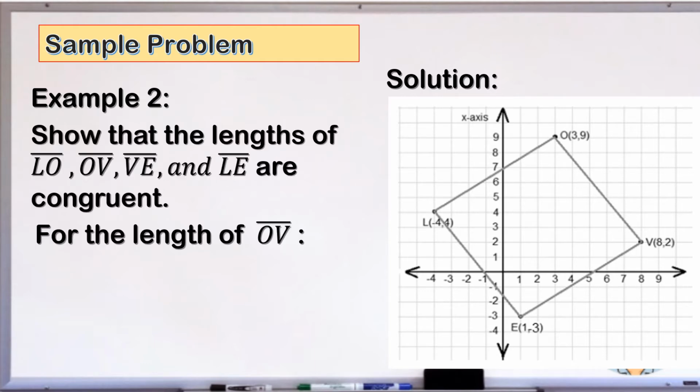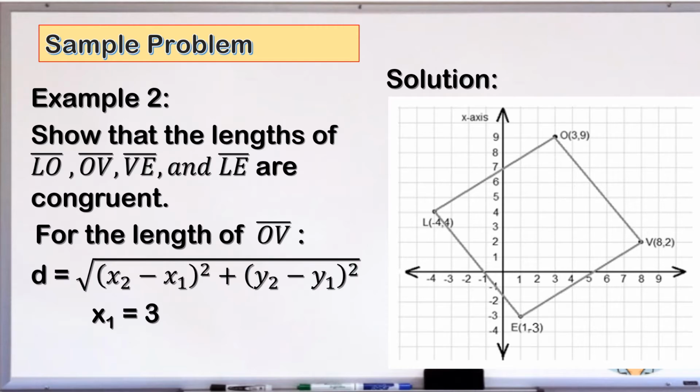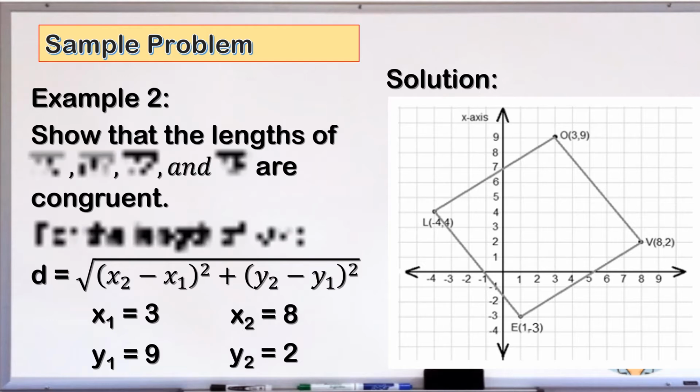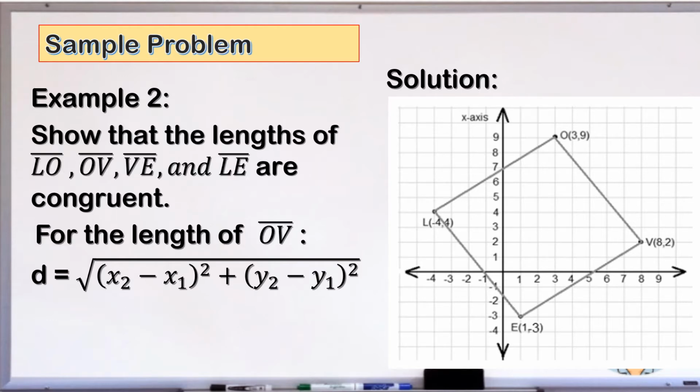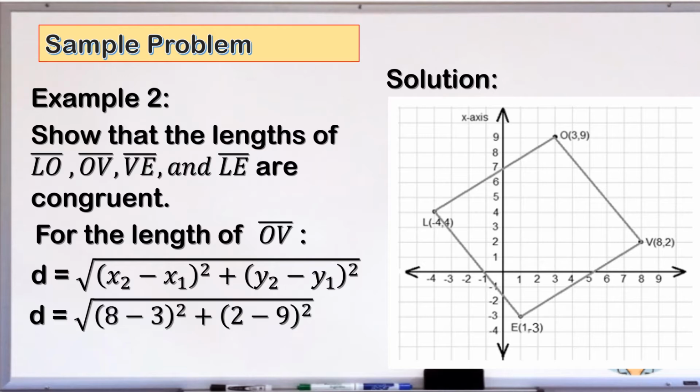Now, let us have the length of segment OV this time. Okay, so let x sub 1 is equal to 3, and y sub 1 is equal to 9, x sub 2 is equal to 8, and y sub 2 is equal to 2. Okay, so by substitution, we have the square root of the quantity of 8 minus 3 squared plus the quantity of 2 minus 9 squared.